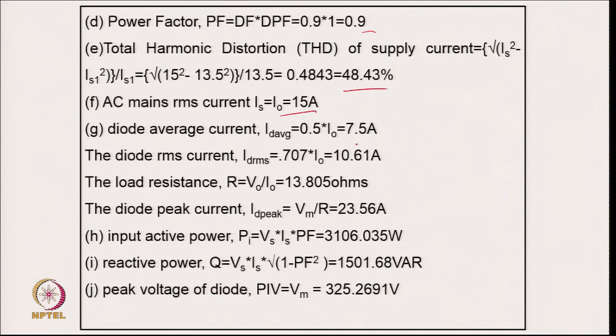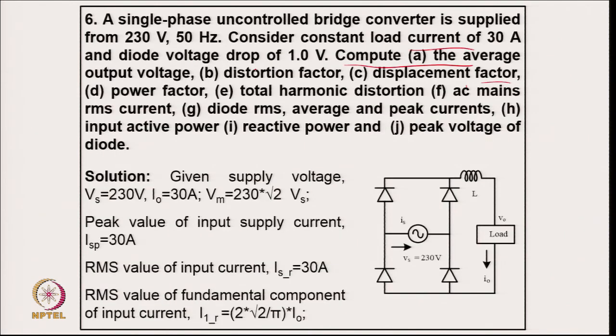Of course, the RMS mains current is typically 15 ampere, and the device currents and all those data are there, along with the input power, output voltage, distortion factor and displacement factor. A single phase uncontrolled bridge converter is supplied from 230 volt 50 hertz.